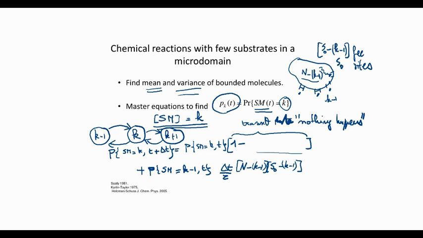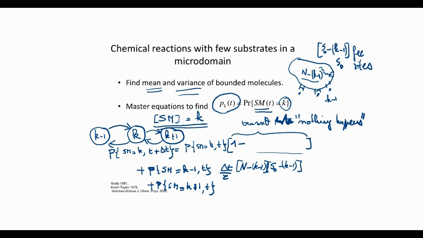Right? Now, the other possibility is that we started with k plus 1 molecules, and during time t plus delta t, one of these molecules has to leave in order to have a transition to k.